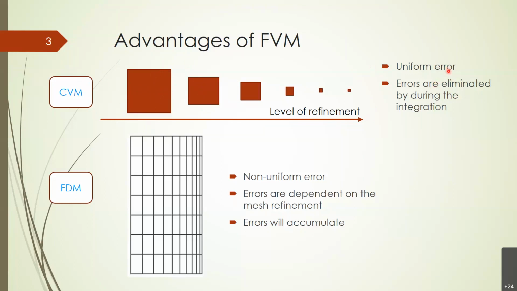In contrast, in the FDM, because of the differences in mesh sizes, the truncation errors will vary. So the errors depend on the mesh refinement, and they will accumulate along the meshes.